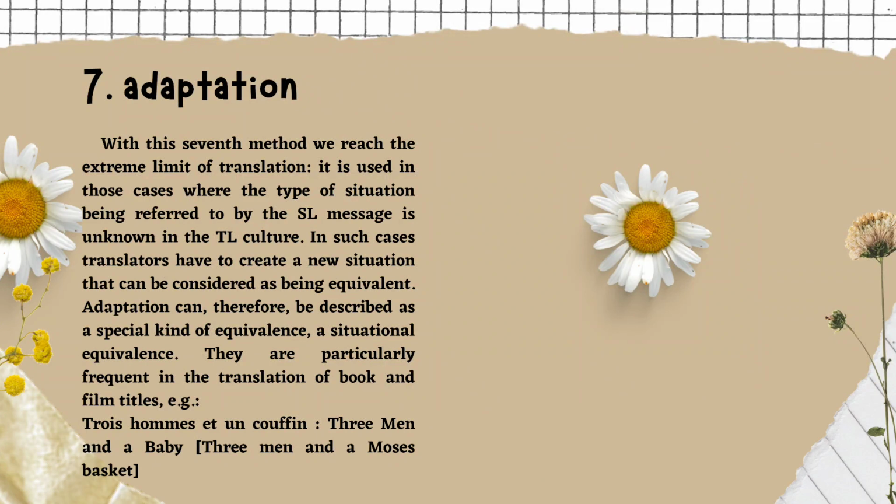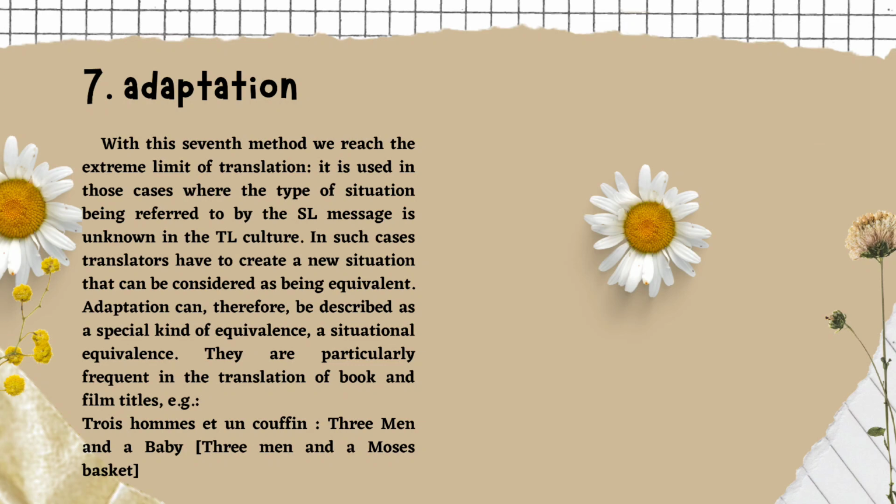The last, number 7, adaptation. With this seventh method, we reach the extreme limit of translating. It is used in those cases where the type of situation being referred to by the SL message is unknown in the TL culture. In such cases, the translator has to create a new situation that can be considered as being equivalent.